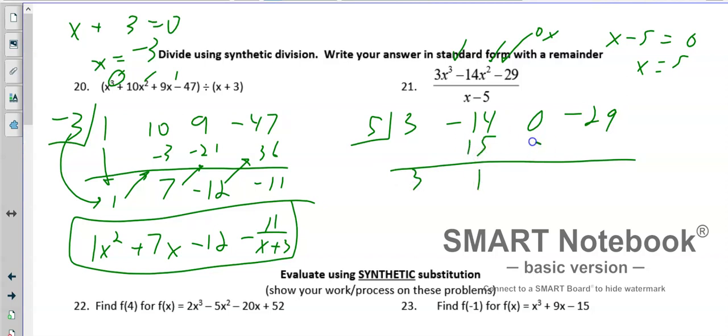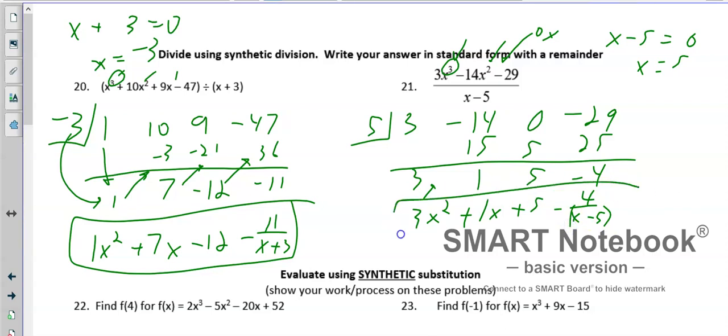Add straight down, multiply by 5. Add straight down, multiply by 5. Add straight down. I started with x cubed, so my answer here is going to start with x squared. Then x, then a constant, and then 4 over my original divisor of x minus 5. That's my answer.